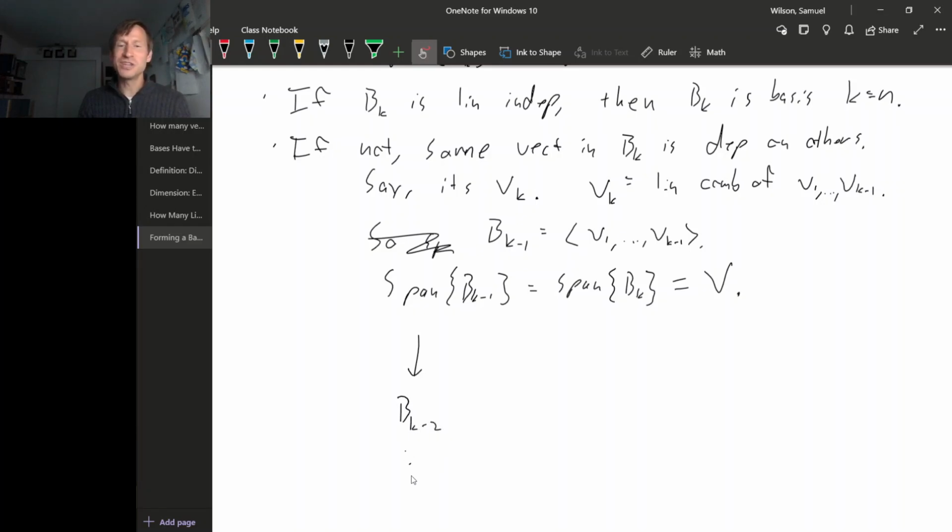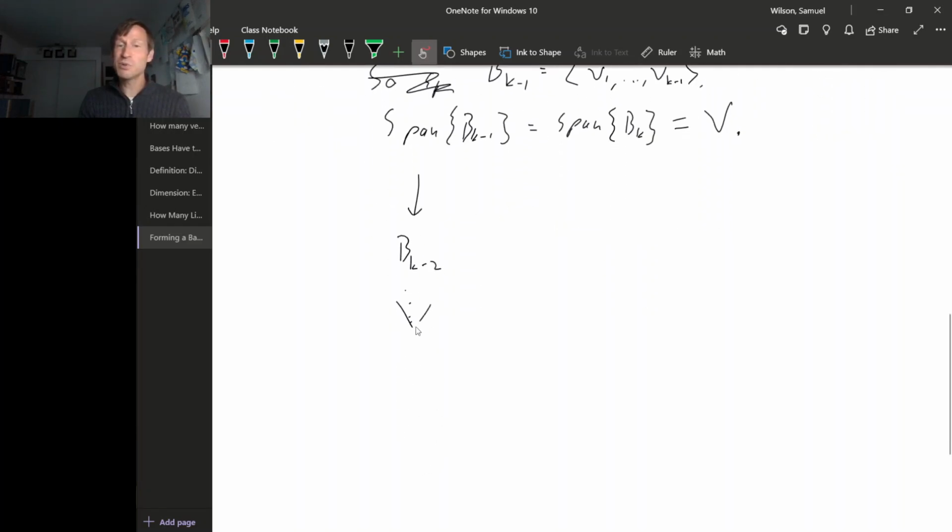Now, eventually, at some point, this process has to terminate. If we keep throwing away redundant vectors, since we started with finitely many vectors, we have to end up with a linearly independent set.